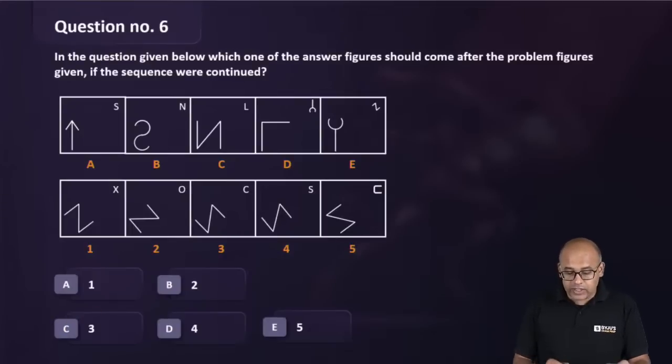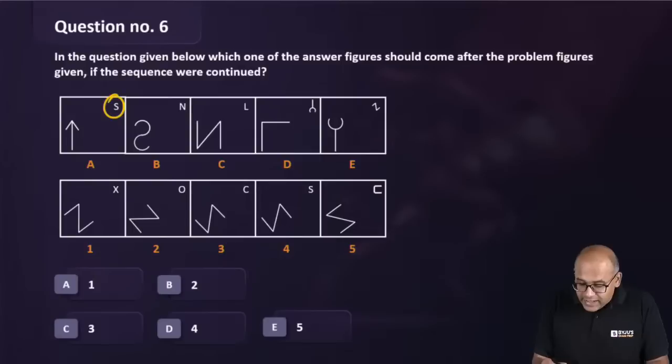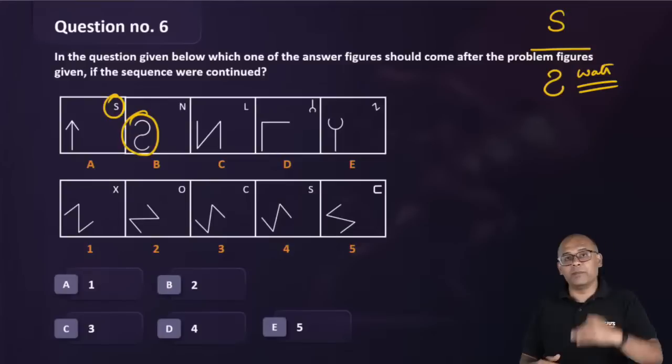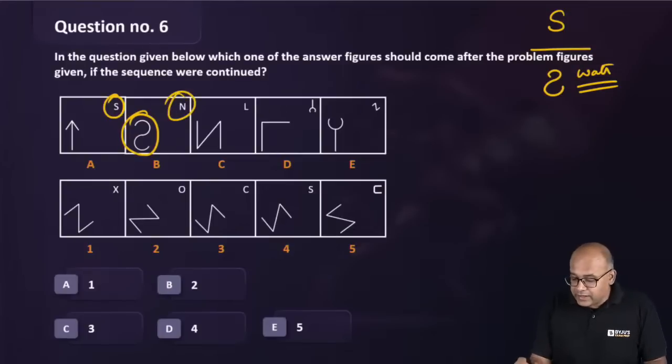So let's understand the logic here. If you notice, this S is coming over here, but the S here is becoming like this. So what is this? This is the water image. Similarly, the water image of N will be like this.